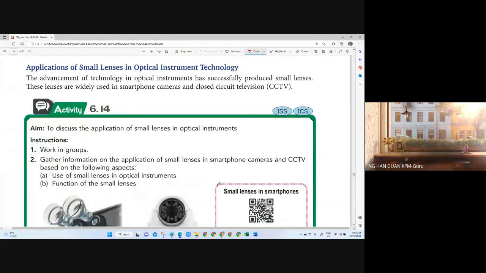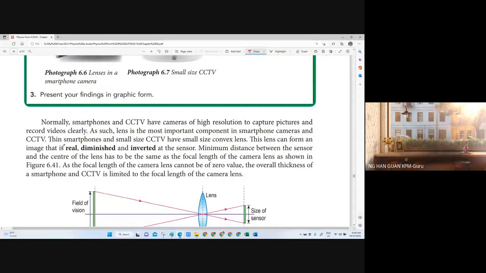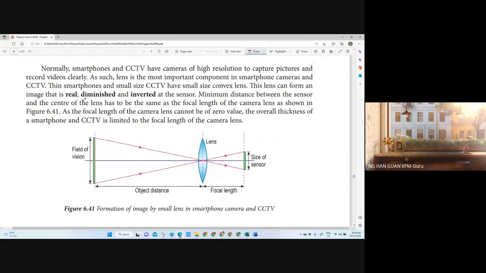So this is about optical instruments. There are some other concepts used in our smartphones and CCTV, which you can read to get to know the technology we apply. We don't focus much on that; it's just some statements you need to know.